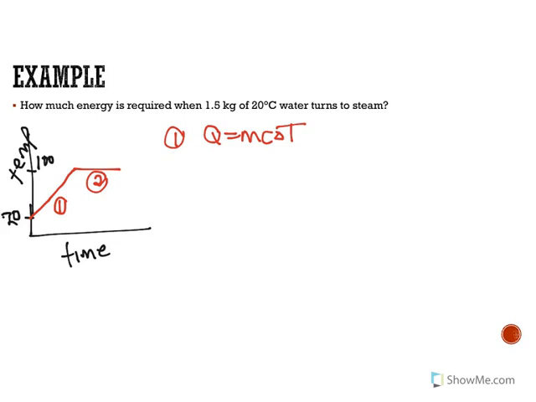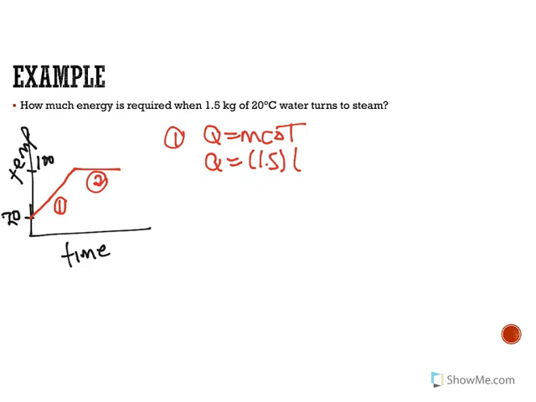Well, Q is equal to 1.5, and it's the specific heat of water, right? Because at 20 degrees we have water. If we were talking about under 0 degrees, we would have to look up the specific heat capacity of ice, or above 100 degrees, it'd have to be of steam, because all those have different values.